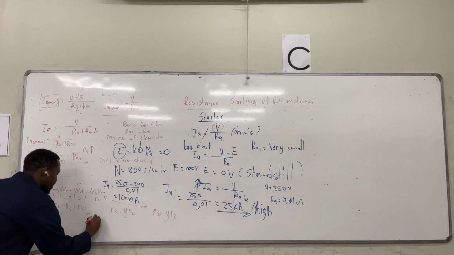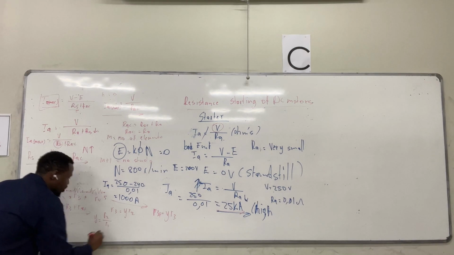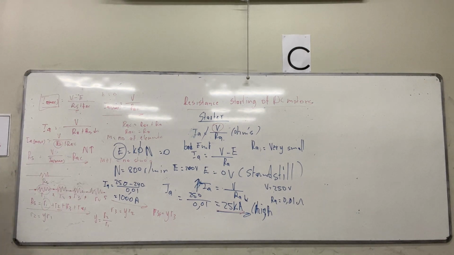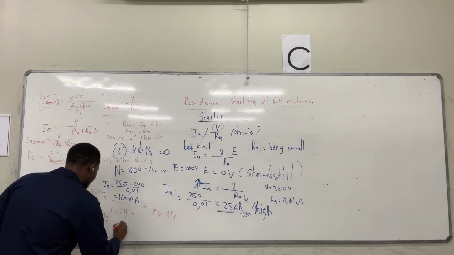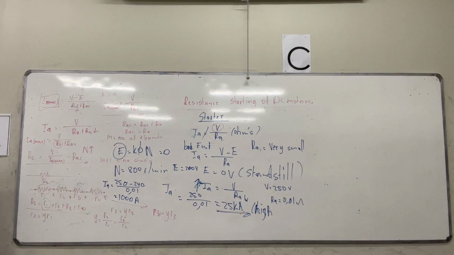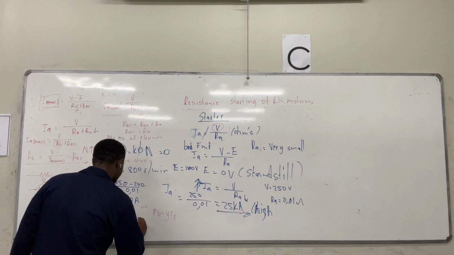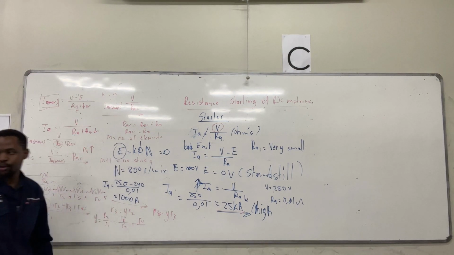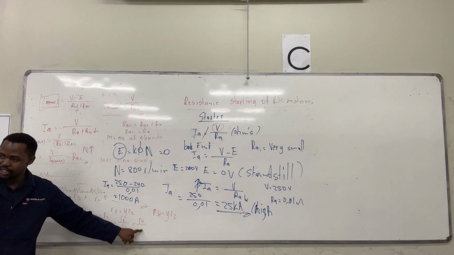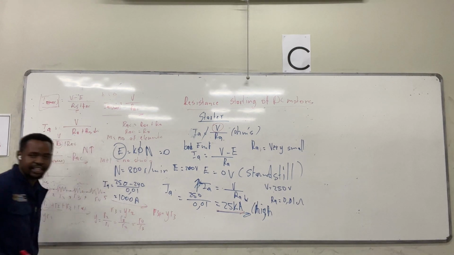Y is equal to R2 over R1. If you know R2 and R1. Or if you know R3 and R2, it is R3 over R2. Or if you know R4 and R3, it is R4 over R3, starting with the highest and going to the previous.